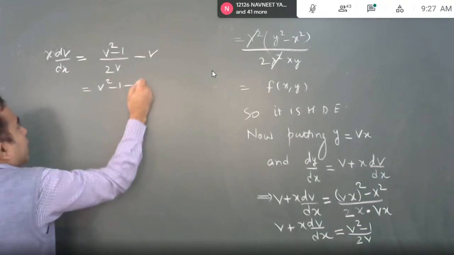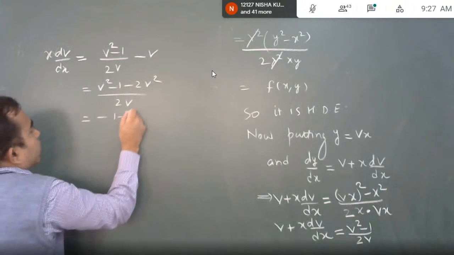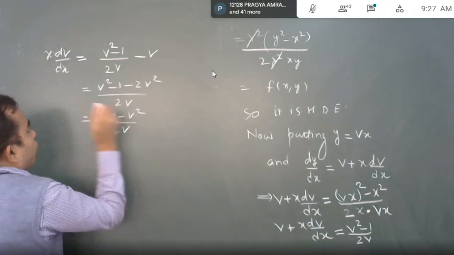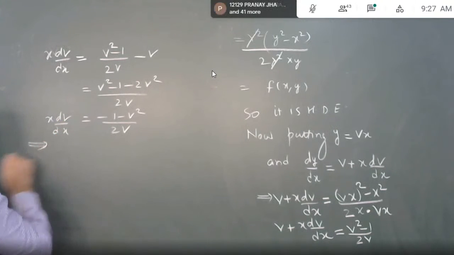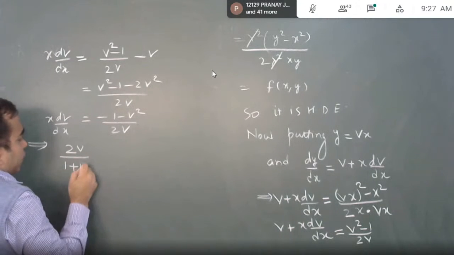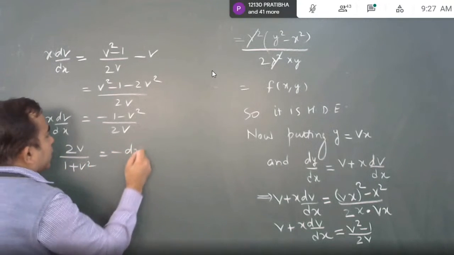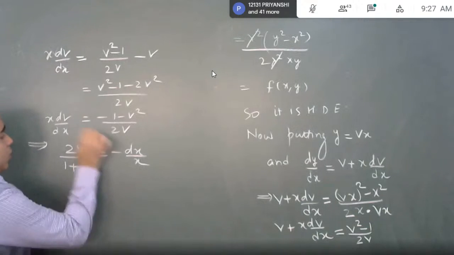Let us take LCM and this will become minus 1 minus v square whole upon 2v. Separate the variables. So 2v upon 1 plus v square equal to minus dx upon x. Okay, I took the minus common, you can say it like this. Okay, and kept the minus on the right hand side and this here.